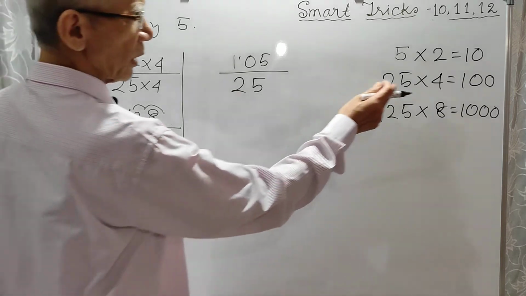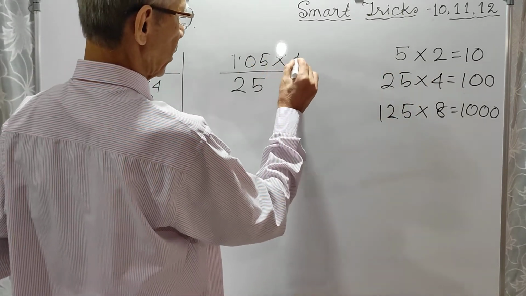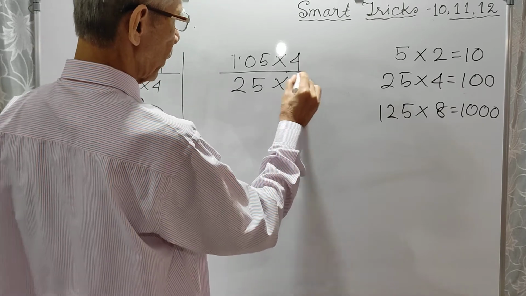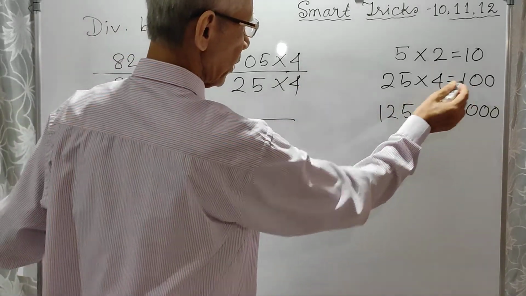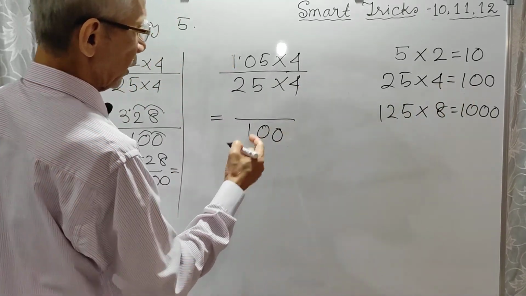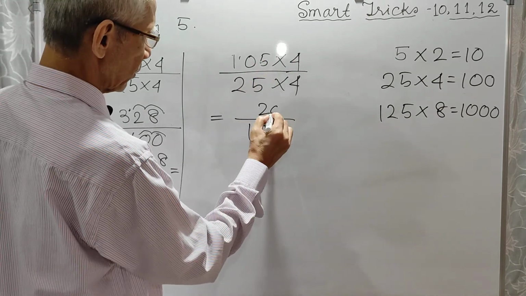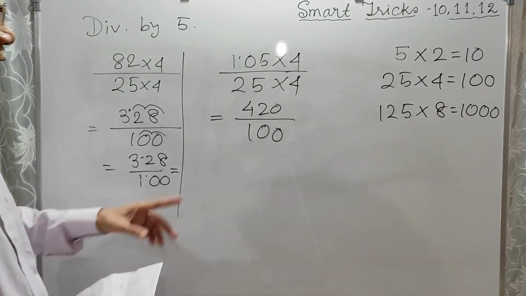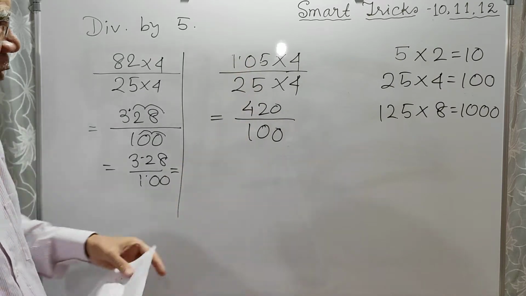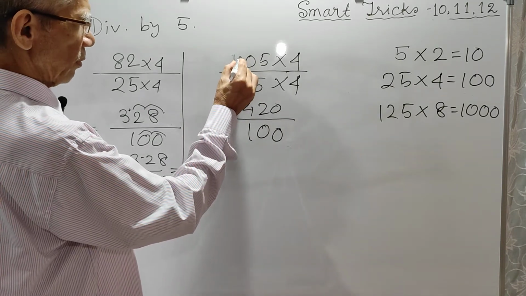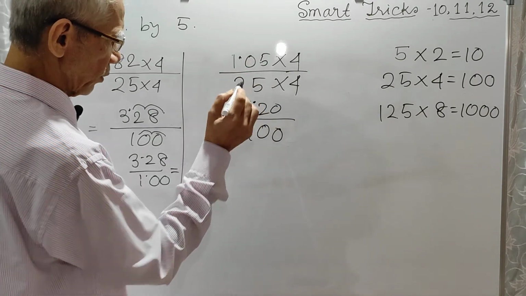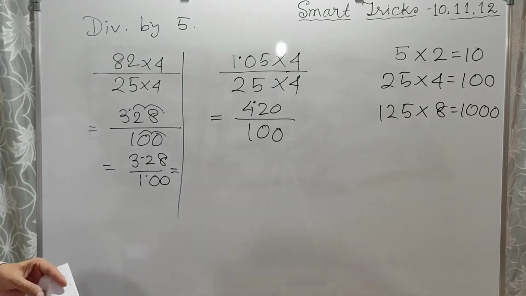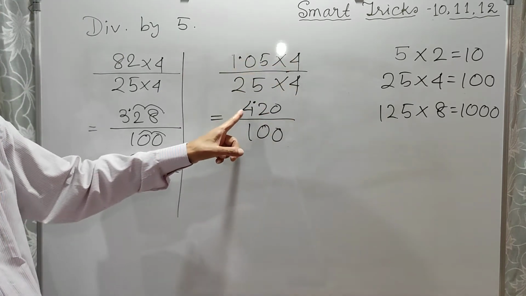Okay. So multiply by 4. Multiply by 4. Why? Because the denominator becomes 100. Then multiply by 4. 105 into 4 is 420. Now decimal is before 2 digits. So it will be 4.20. 1.05 into 4 will be 4.20.